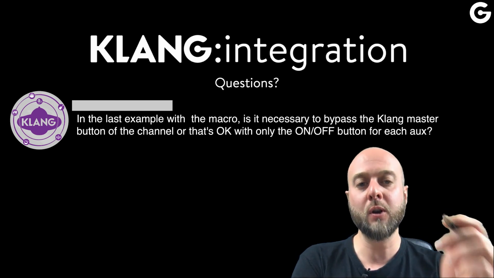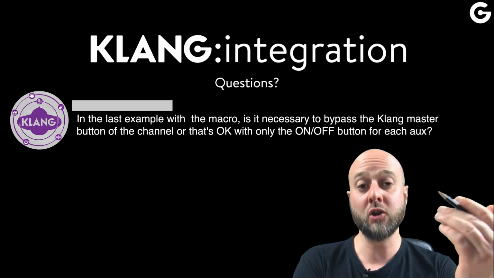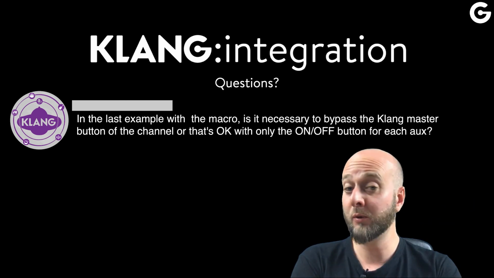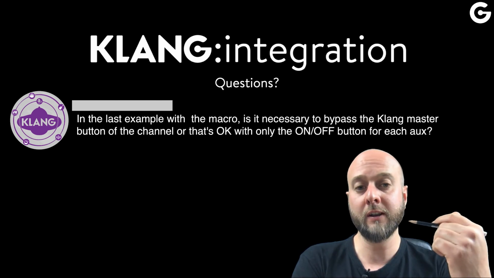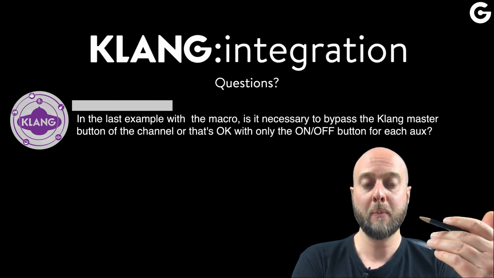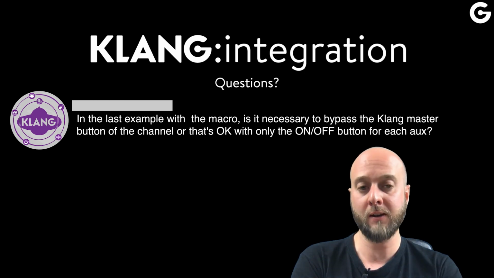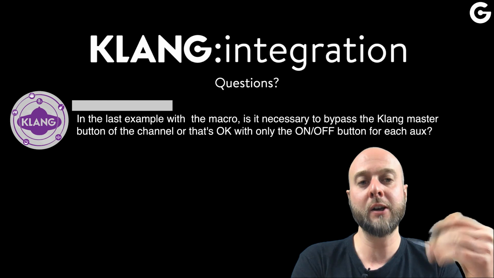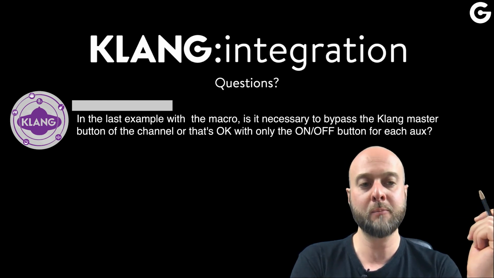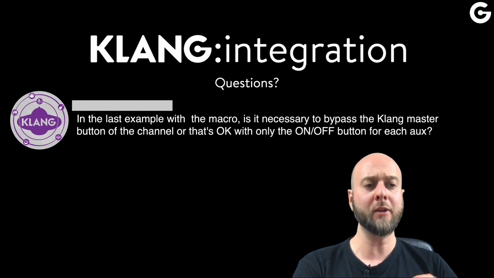Okay, so if you would not use the bypass button, but just deactivate the merge input, you would not have any audio, because the console would still think it's in 3D, and it would still think it's going through KLANG, so it would not send anything on the internal mix bus. That's why you need to have both functions, and that's why we're combining them with macros. I hope that makes sense, Severin.